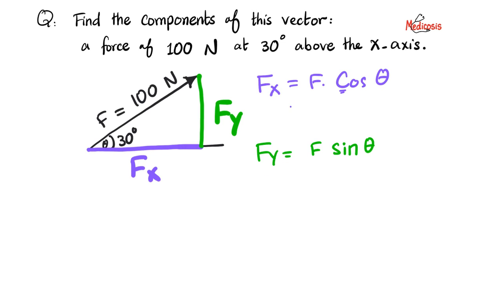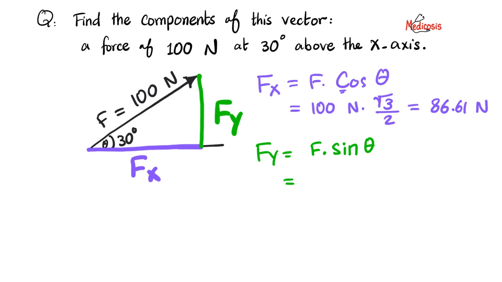Let's start with the Fx. What is F? 100 newtons multiplied by cosine 30. Cosine 30 is square root 3 over 2, or half of square root 3. Multiply these two together and you get about 86.61 newtons. This is the x component. As for the y component, it is F times sine theta.